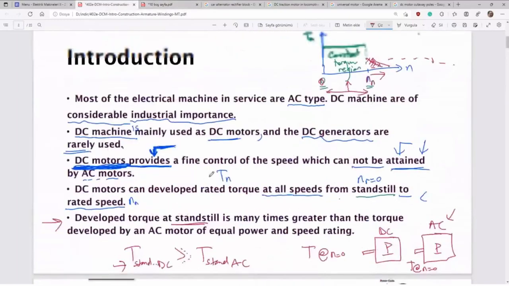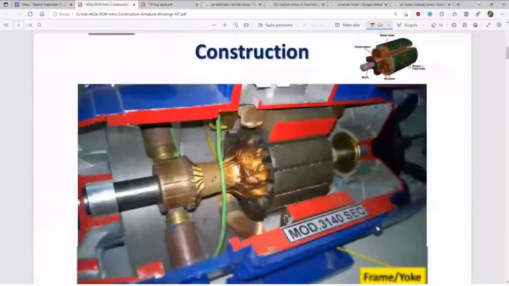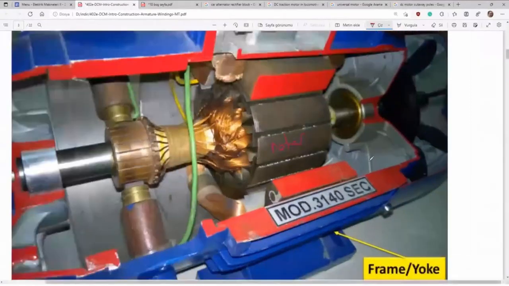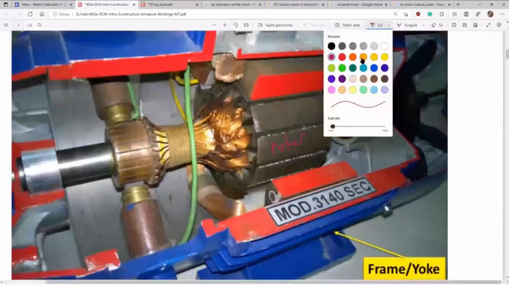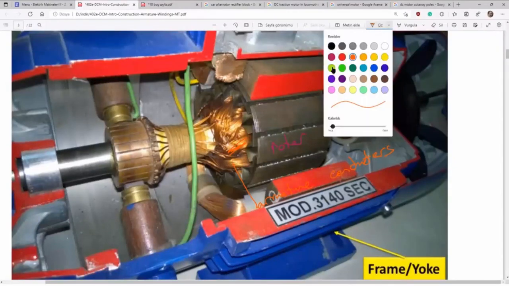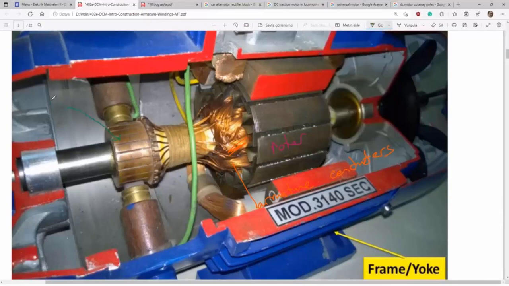That was the introduction. Let me show some pictures. Here you see the rotor. Here are some conductors, let's say armature conductors. Here's a special device we learn about, the commutator. And here are brushes.